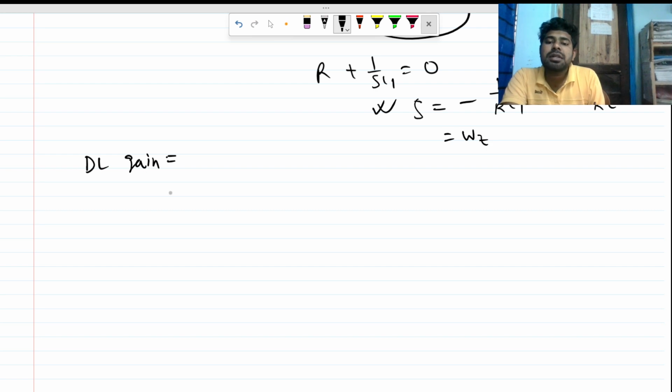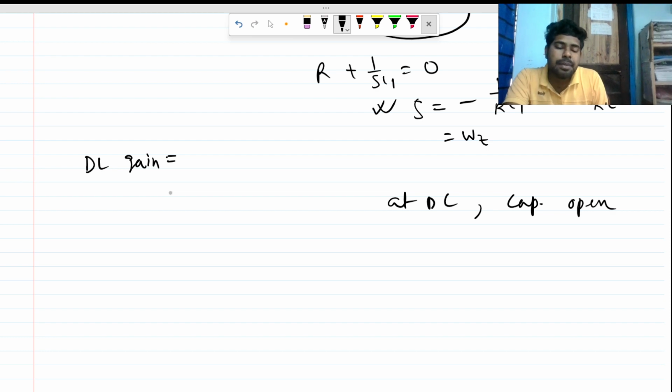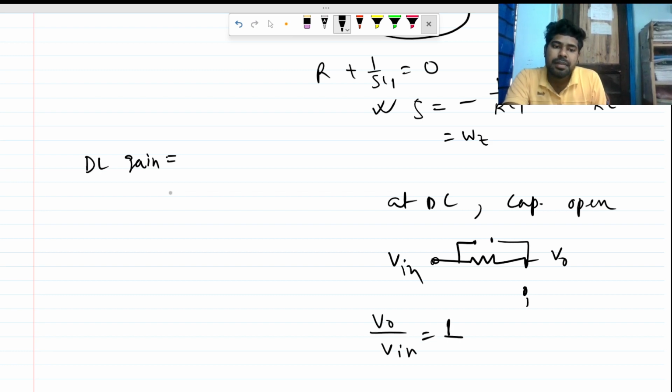So what is the DC gain? At DC the capacitor is an open circuit. So if this capacitor is open circuit, what will be our picture? So this will be R, this will be open circuit, and this will also be open circuit. So what is our gain, V out by V in? Our V out by V in is nothing but 1, right?